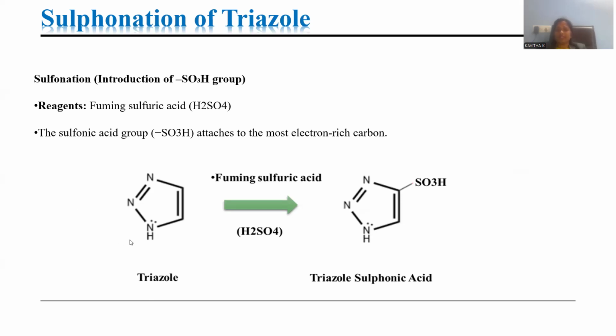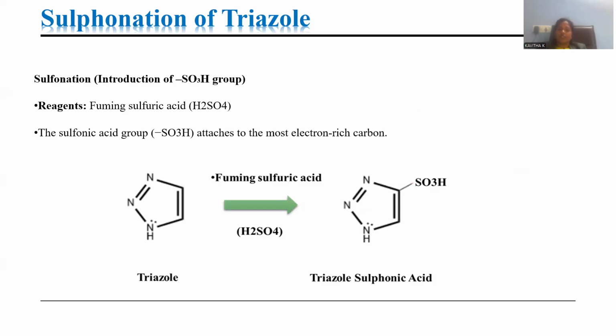That's the reason why vigorous conditions have to be applied to perform this kind of electrophilic substitution. So instead of concentrated sulfuric acid, let me add fuming sulfuric acid, so that vigorous conditions are able to generate the electrophile and subsequent sulfonation at position number 4, giving rise to triazole sulfonic acid as the final product.